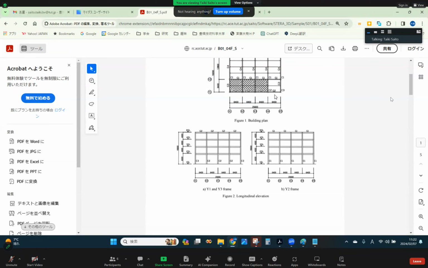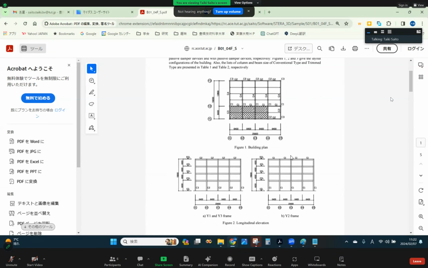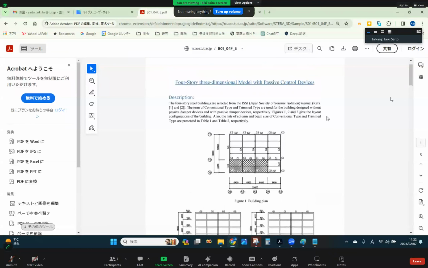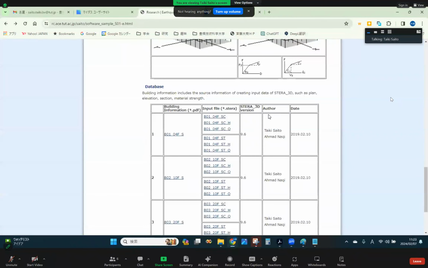In the book, Professor Kasai already designed a building with a viscoelastic damper. Okay, that will be good. So your output should be the same as Professor Kasai's output. After that, please make a Stella model, and I will upload your model to the website.